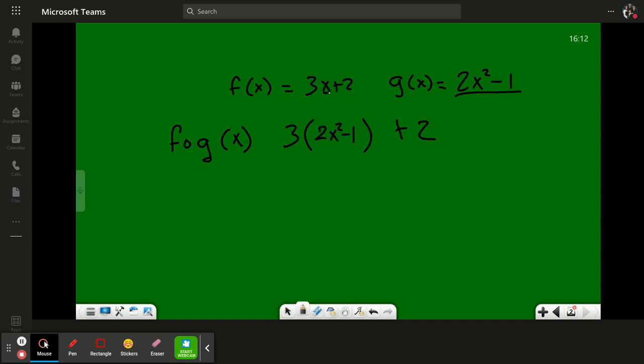I'm just putting that in place of that x. And I've got 3x squared minus 3 plus 2. So I have 3x squared minus 1. f of g of x.